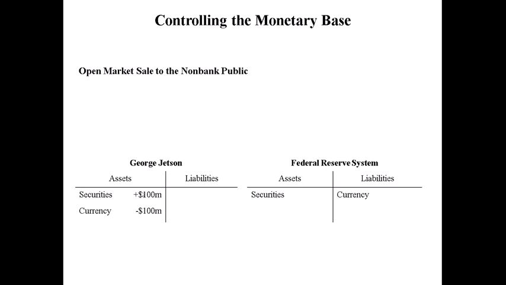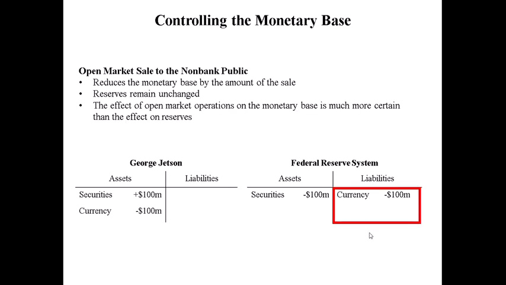And so George Jetson gets $100 million in securities, treasury bonds, but he has to pay the Fed $100 million. The Fed loses $100 million in securities because it sold them to George Jetson. Because George Jetson's currency dropped by $100 million, the Fed's currency liability dropped by $100 million. And the monetary base fell by $100 million.